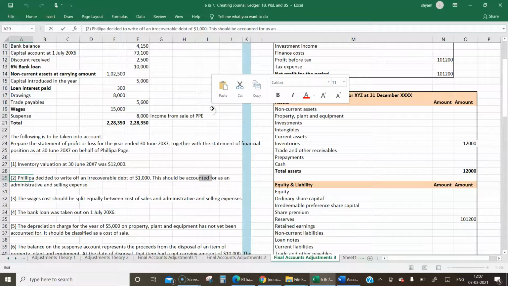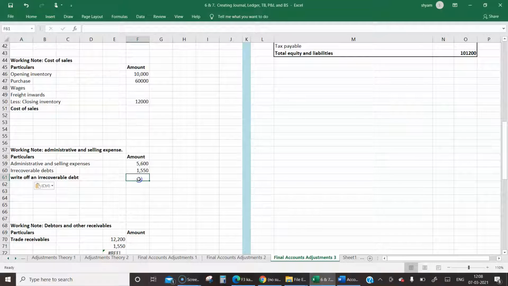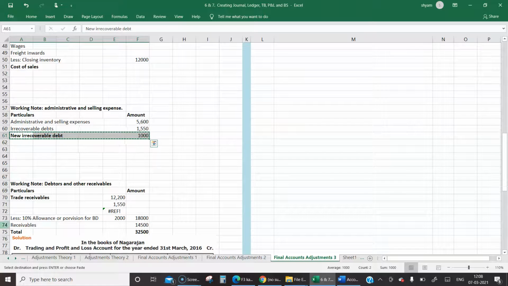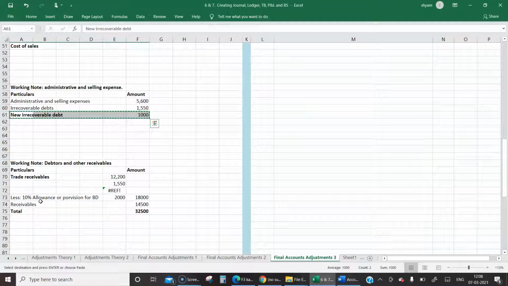As this comes in adjustment, it should be in two places. We can put it as a new irrecoverable debt. But as it's a new irrecoverable debt, we also have to adjust the trade receivables.